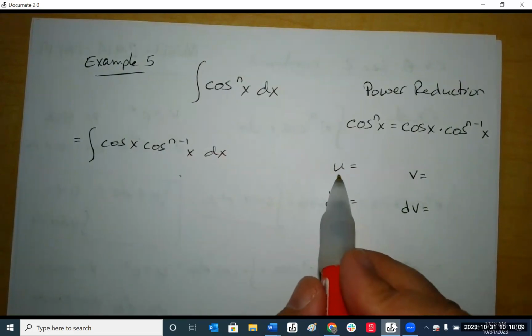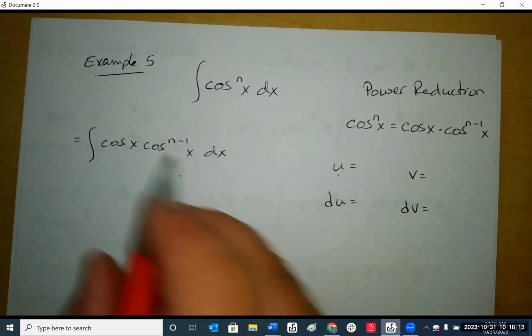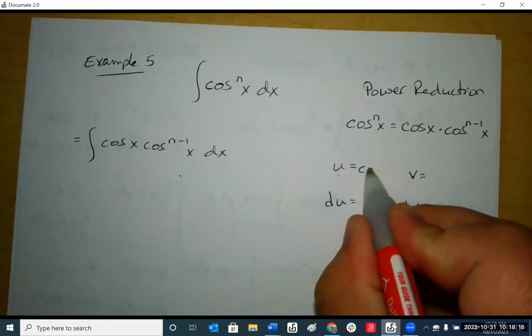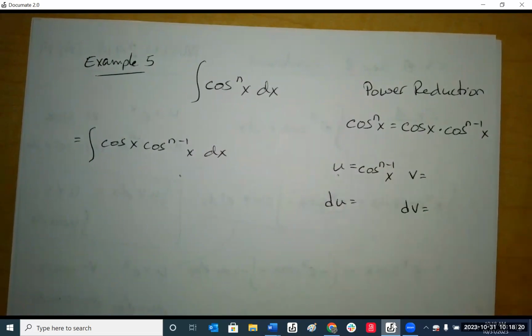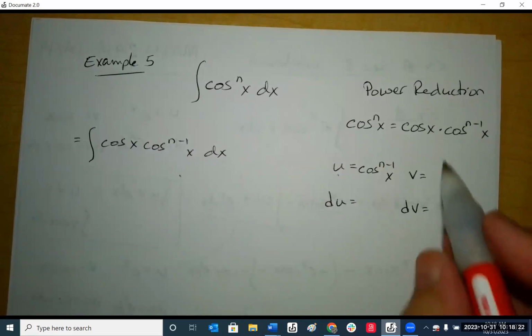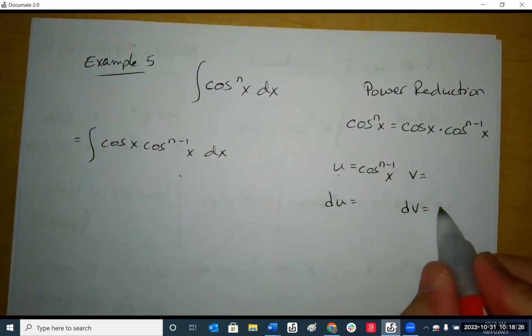Remember, for the u's, we want it to be that eventually the derivatives will go down to 0. So that's why we'll have cosine n minus 1 x. And for the v prime, we'll use cosine x.